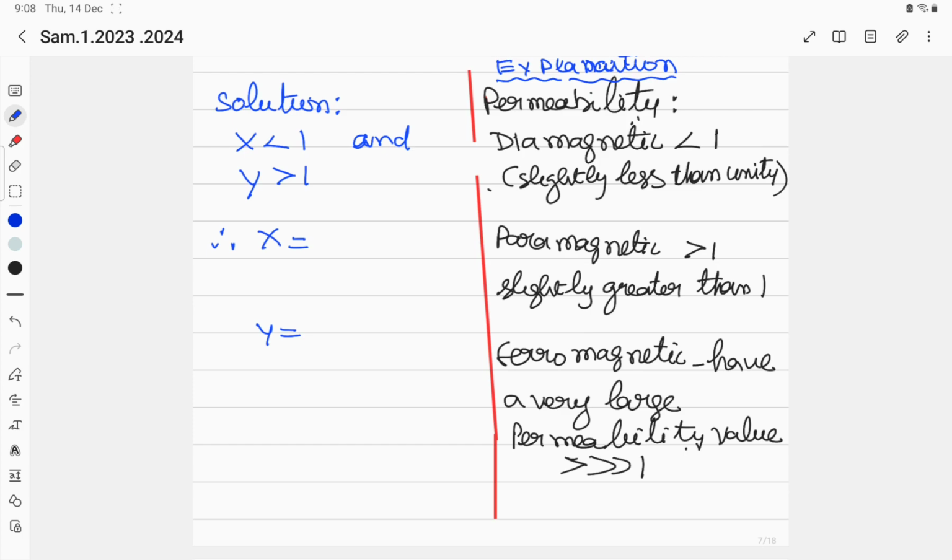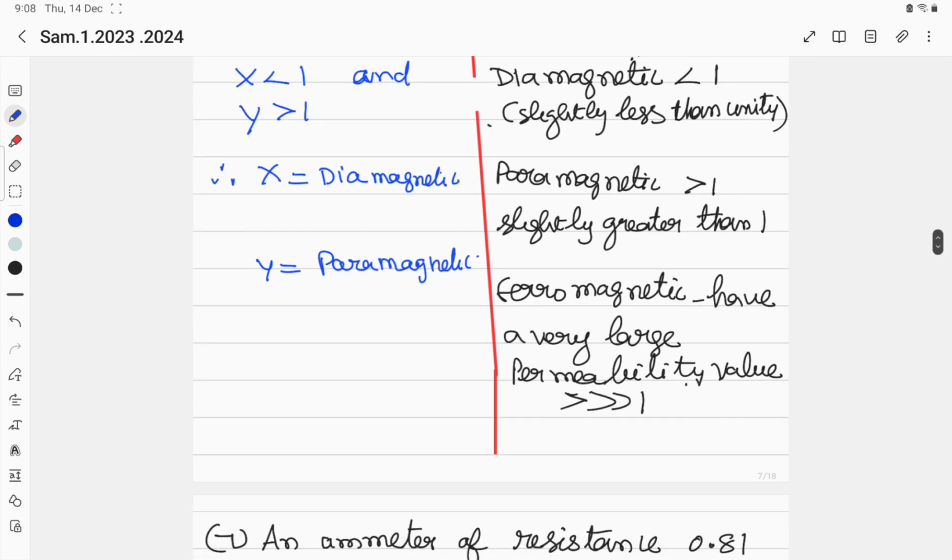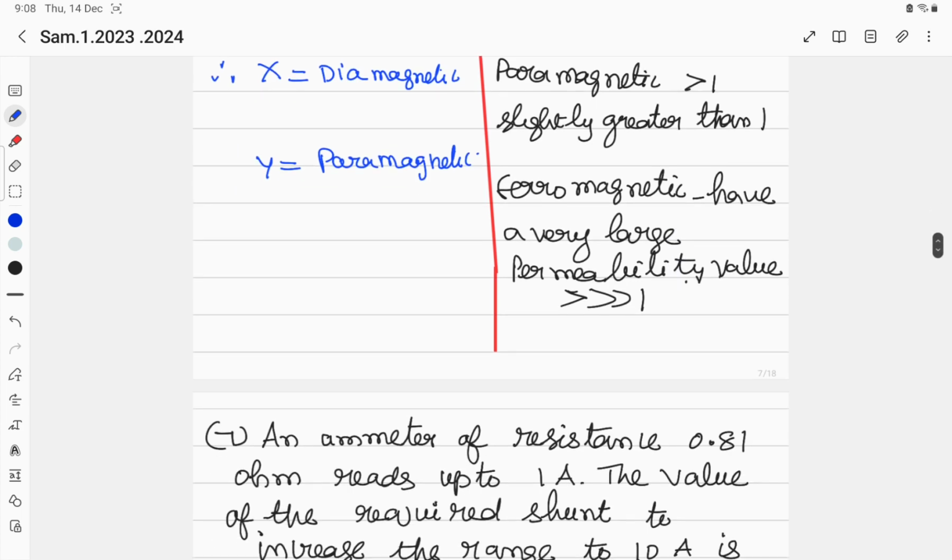Therefore, given X is less than 1 and Y is greater than 1, X is less than 1 means X is diamagnetic. Y is slightly greater than 1, therefore Y is paramagnetic. Ferromagnetic substances have a very large permeability value, much greater than 1.